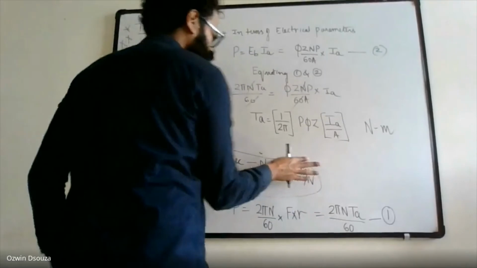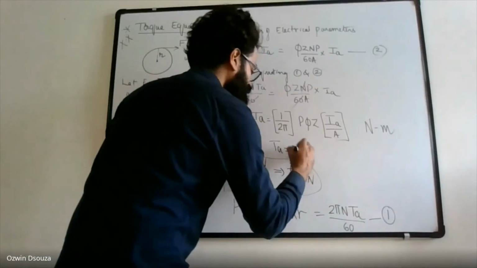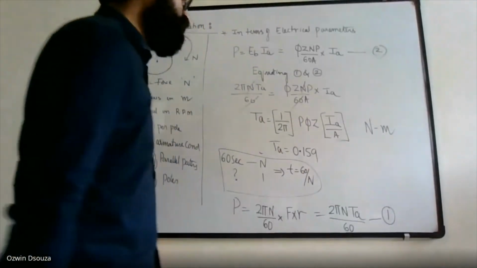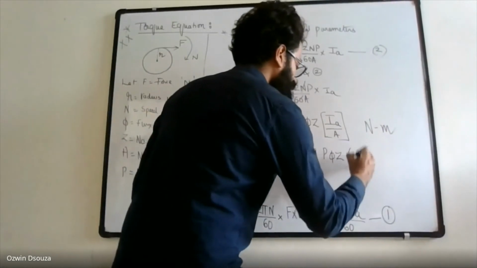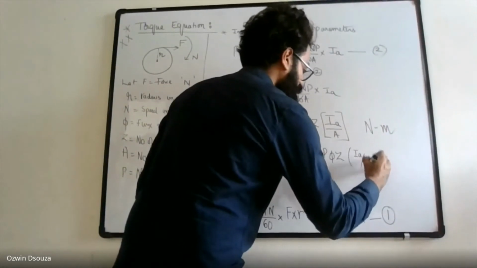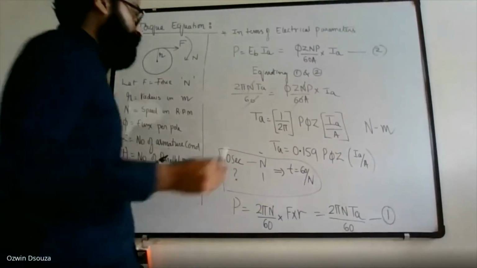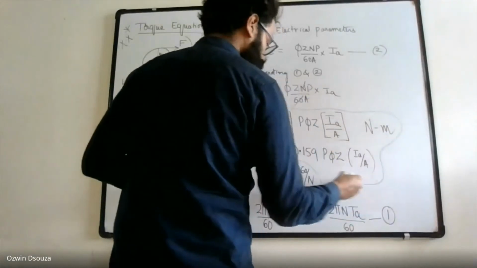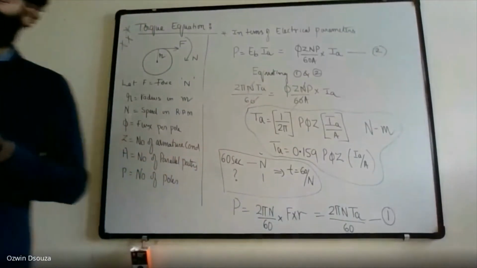So if you take out the ratio 1 by 2 pi, you can also write TA as 0.159 P phi Z IA by A. So 1 by 2 pi boils down to 0.159. So that's the expression for electromagnetic torque developed in the armature.